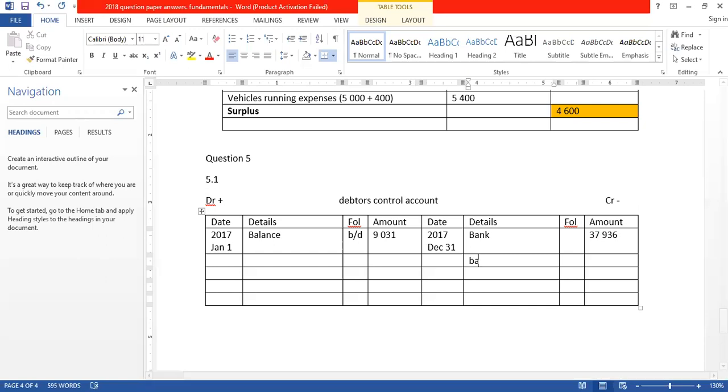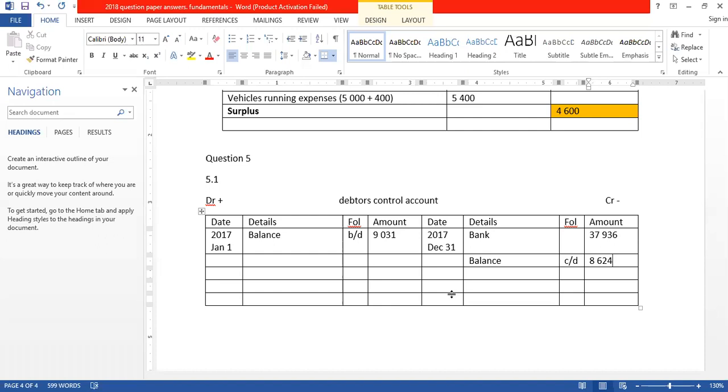That's why you have balance carried down. Remember, it's a carried down of how much? Of 8,624. Now you go back to your table. Do you have any other information that has to do with debtors? No. So these were the only information.